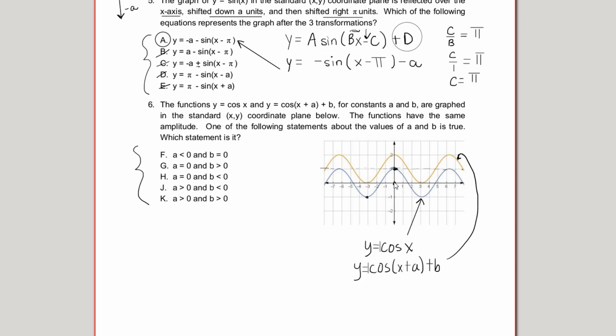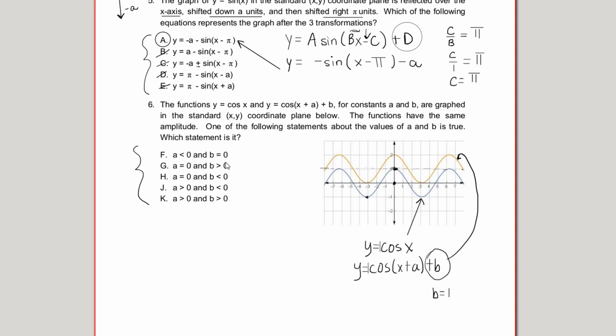So it looks like the entire graph, every point, shifted up 1 unit. And so that's where we have a case right here with B. B is going to be, in this case, equal to 1. We can determine that from our graph.